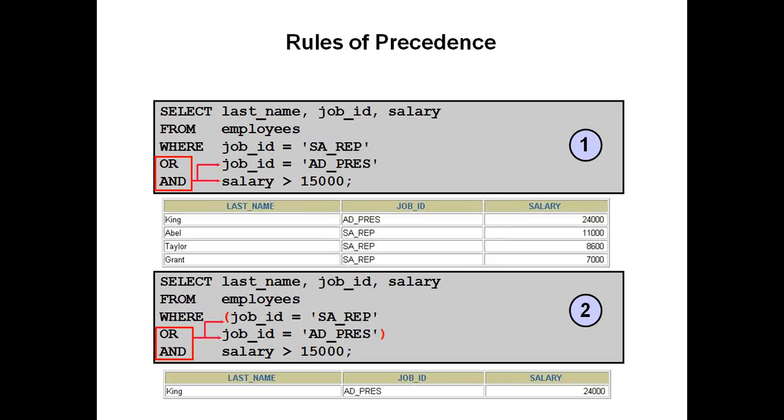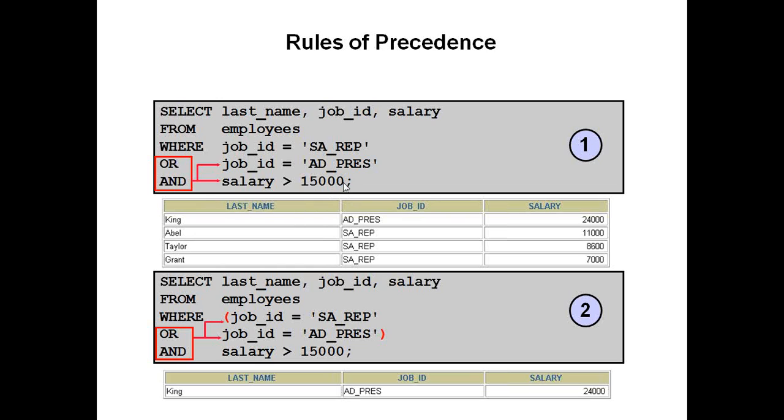In the first example, totally three conditions are there. The first condition is job ID equals to SA underscore RDP, the second condition is job ID equals to AD underscore PRDS, and the third condition is salary greater than 15,000.